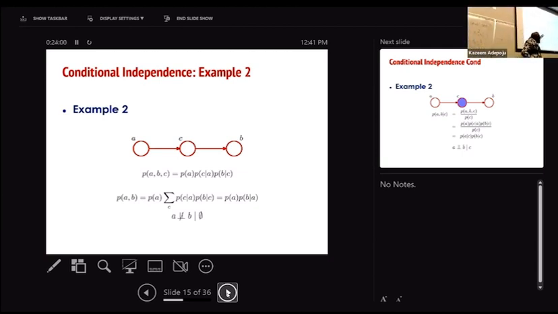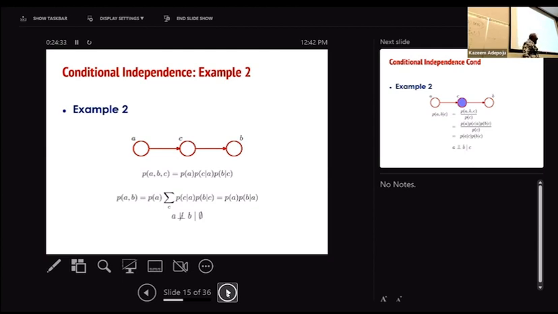I have the probability of A, B, C, and I'm interested in the probability of AB. It means I'm not interested in C. If I'm not interested in C, you know what I'm going to do? I'm going to sum everything over the range of C. Does that make sense? When I sum that over the range of C, the whole of this will become the probability of B given A. The C will go away. It means I'm marginalizing that.